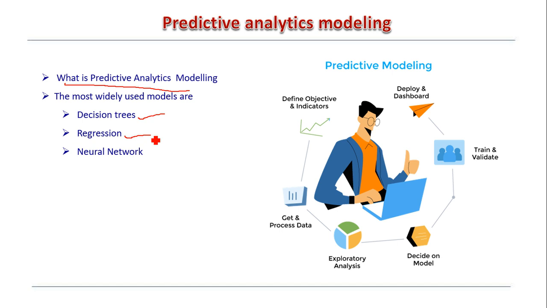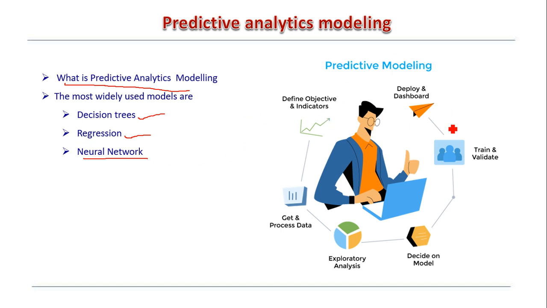Coming to regression, regression analysis is a statistical method that helps us analyze and understand the relationship between two or more variables of interest. Coming to neural network, a neural network is a series of algorithms that endeavors to recognize underlying relationships in a set of data through a process that mimics the way the human brain operates.